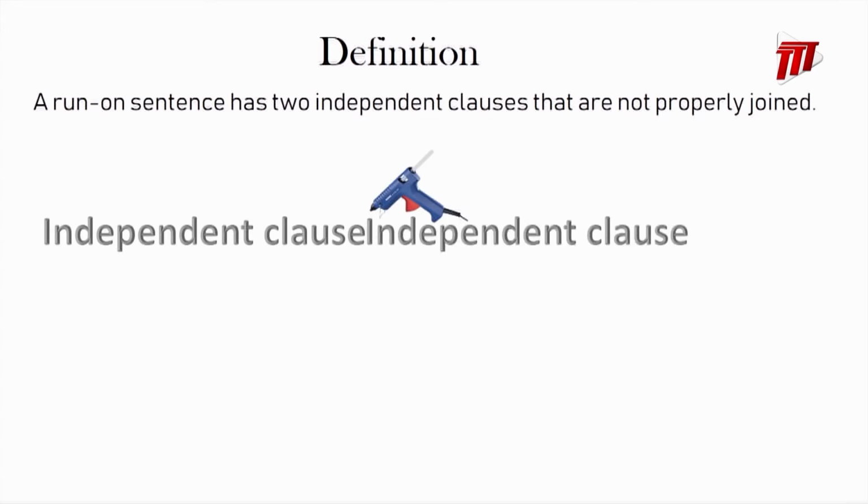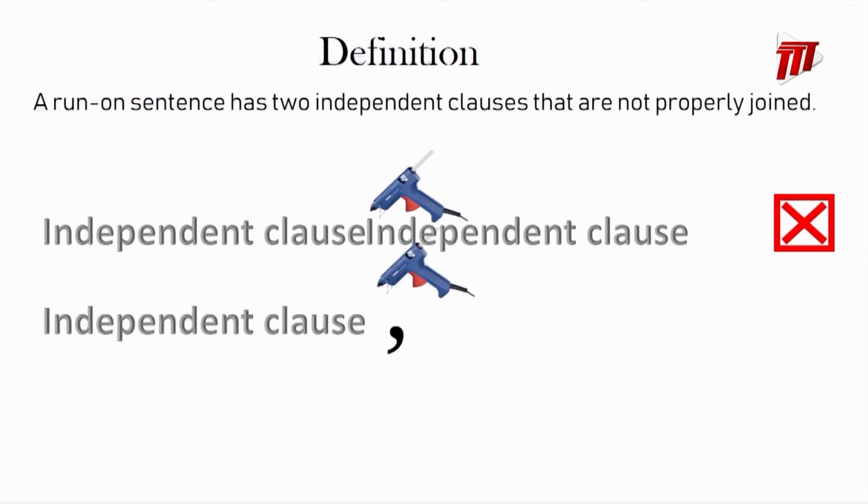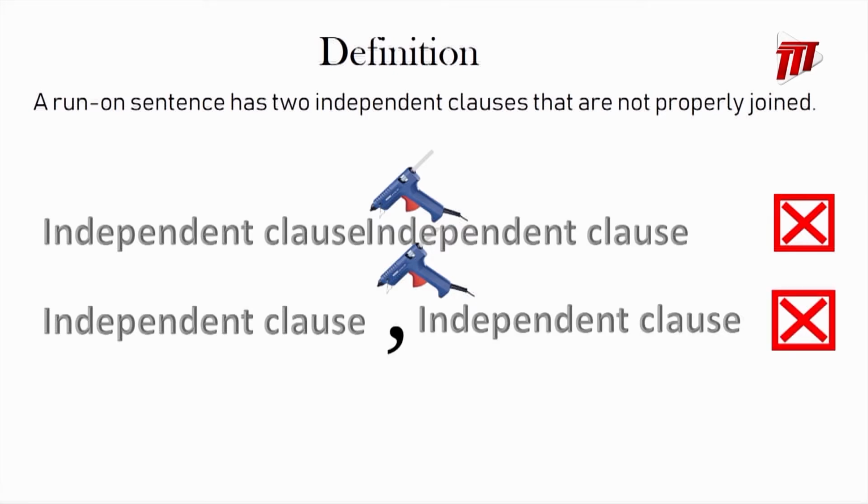That's a run-on sentence. We don't want that. And some people also think that by adding a comma, smushing a comma, and then adding another independent clause, that will work. But that does not work at all. So let's talk about that. A run-on sentence has two independent clauses that are not properly joined.